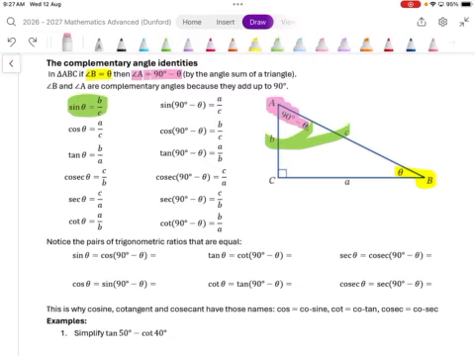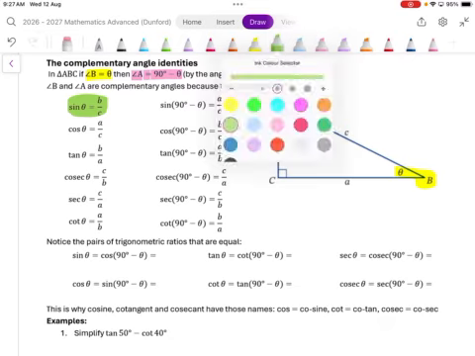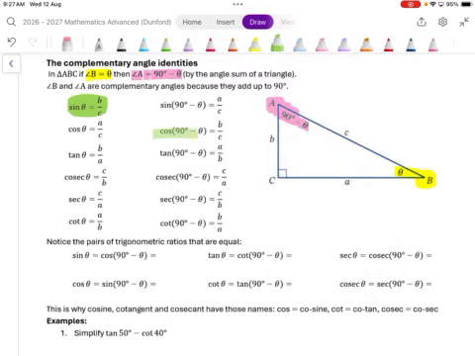So that means that our cos 90 minus theta is complementary to our sine theta because they equal B on C. Does that make sense? So we have a pair of trigonometric ratios that are equal: sine theta and cos 90 minus theta are the same.